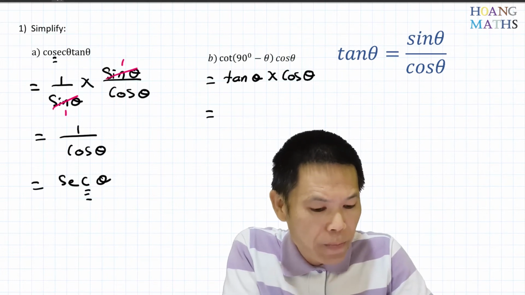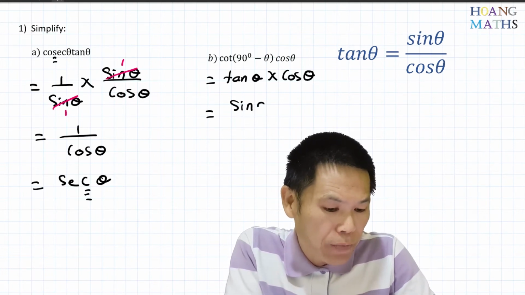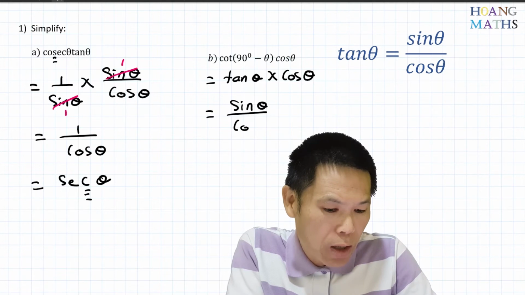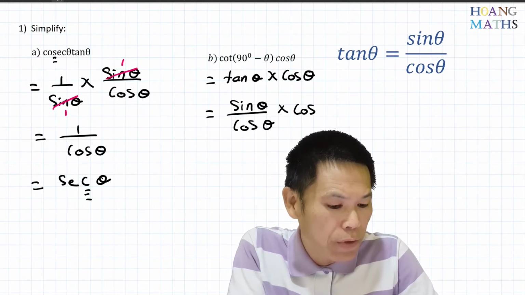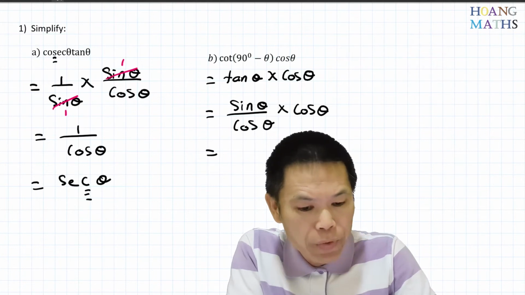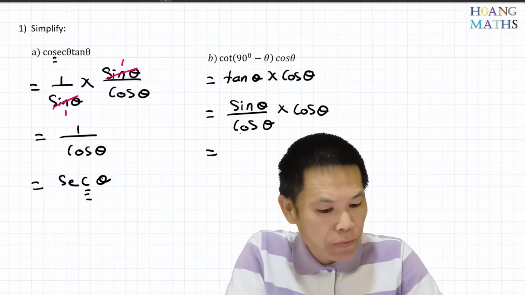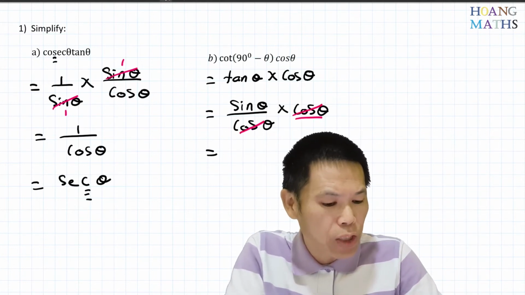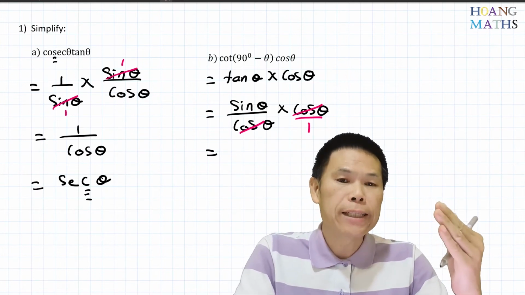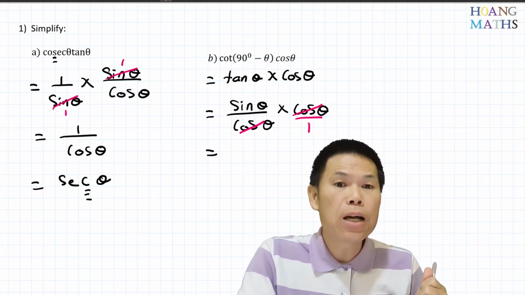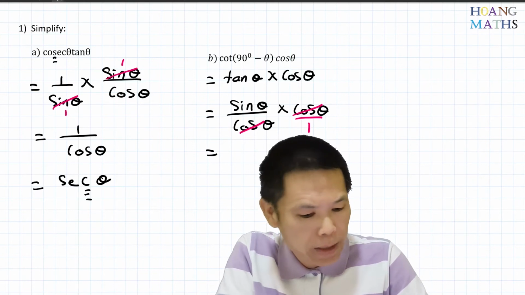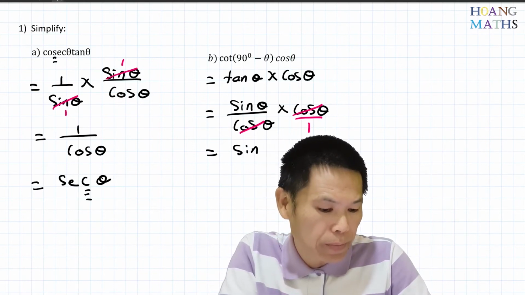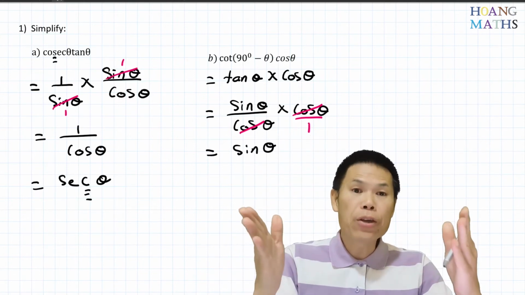So just write it out. So sine of theta over cos of theta. And of course, which is times cos of theta. Now, cos of theta, both of these can simplify because this is just like over 1. So the answer is sine of theta over 1. So that is sine of theta. There you go.